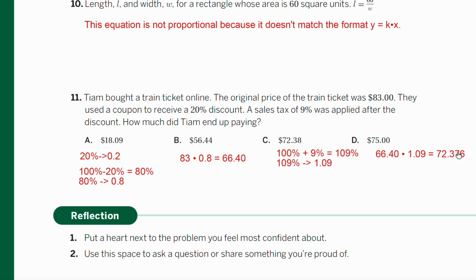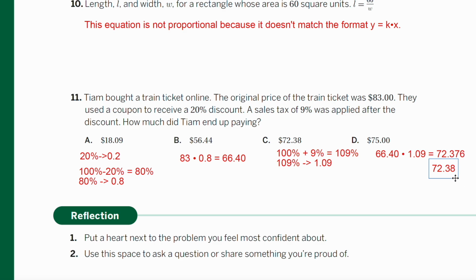So we're going to need to round this 7. Now, since the digit that comes after the 7, this 6 here, is 5 or higher, then we need to round the 7 up. So we're going to have $72, and instead of 37 cents, we're going to have 38 cents since we rounded it up.